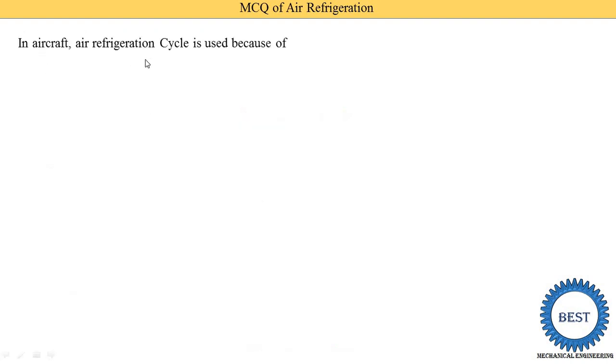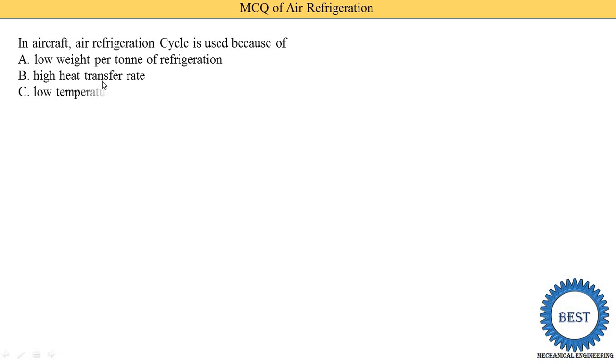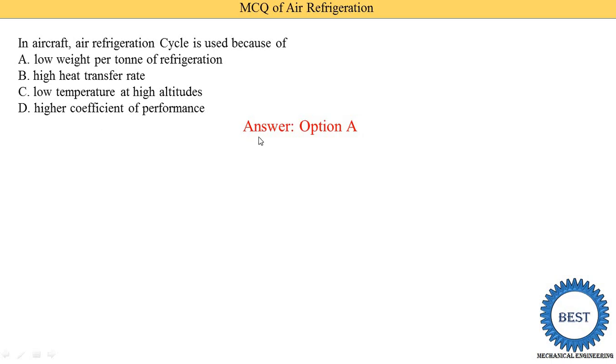In an aircraft, the air refrigeration cycle is used because of low weight per ton of refrigeration, high heat transfer rate, low temperature at high altitudes, and high coefficient of performance. So the main answer, option A, is correct, that is low weight per ton of refrigeration. Generally aircraft are designed for low weight, and for running the aircraft a gas power plant is installed.